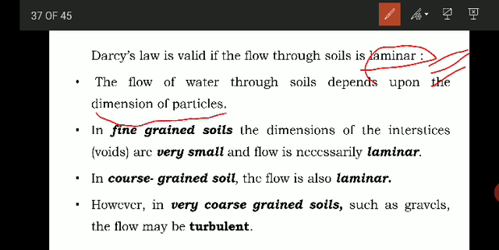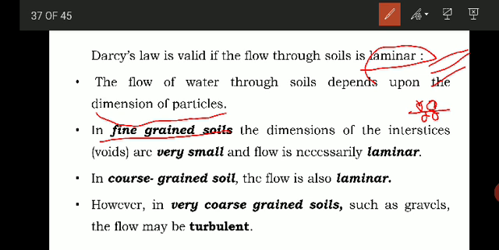If the soil is very fine grained, the interstices or voids between the particles are very small, and because of this the flow is necessarily laminar. Because of the small size of the voids, the water will flow in a straight path.